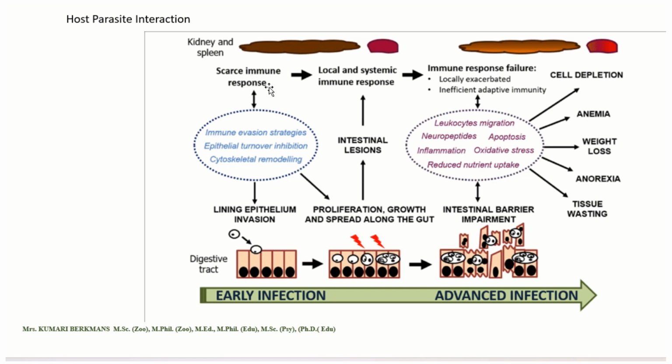With a scarce immune response, if the immune response is little, the effect of the pathogens will be more. These pathogens completely destroy the healthy cells. Due to that, the tissues will be wasted and the person is susceptible to anorexia, weight loss or anemia, as well as complete cell depletion in a particular organ.